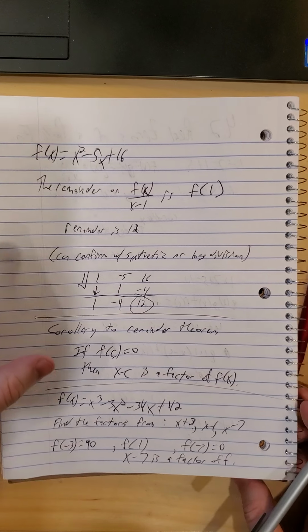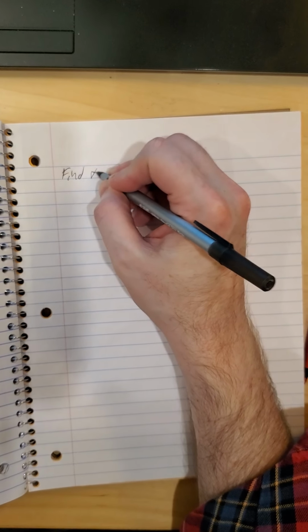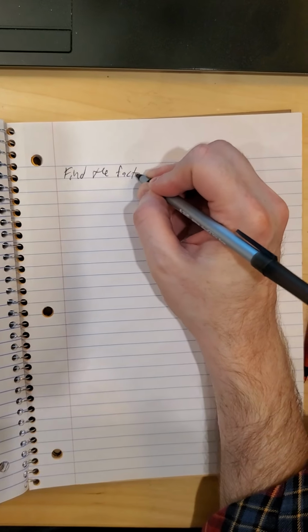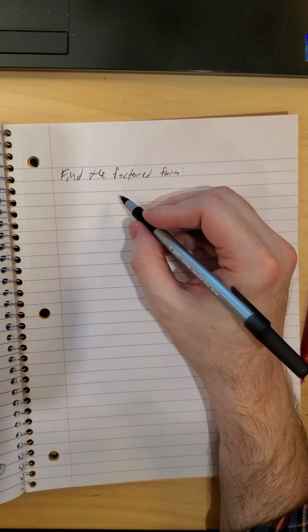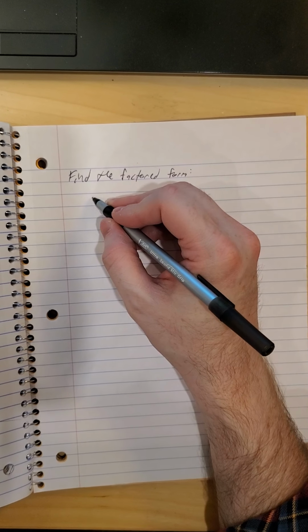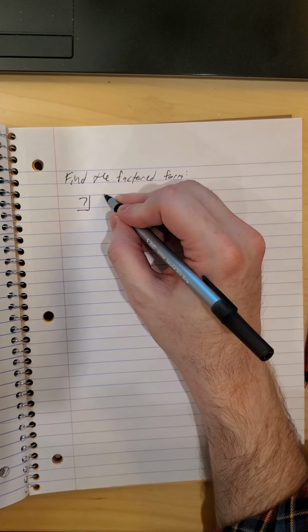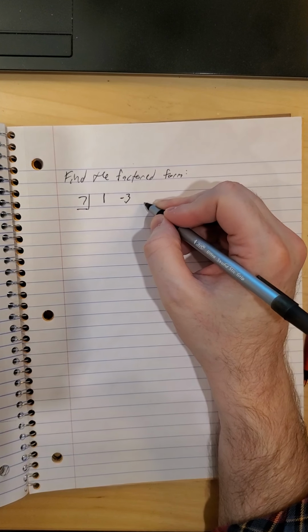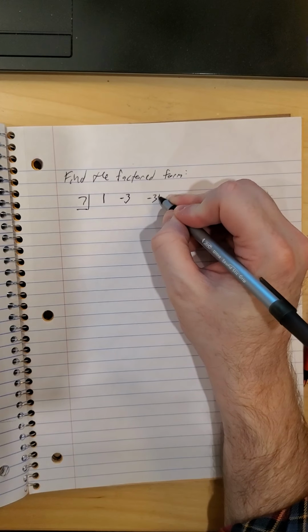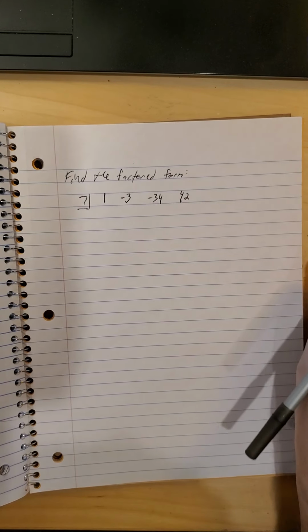If they ask us to further find the factored form, there's where we can just use our synthetic division to find the rest of it. So our coefficients: we had a 1 in front of the x cubed, a negative 3 in front of the x squared, a negative 34 in front of the first power, and a 42 as our constant.